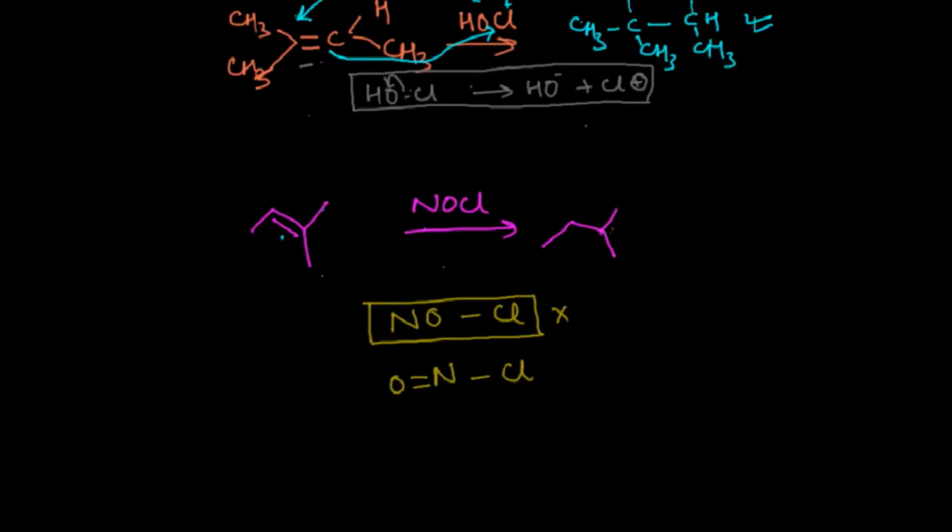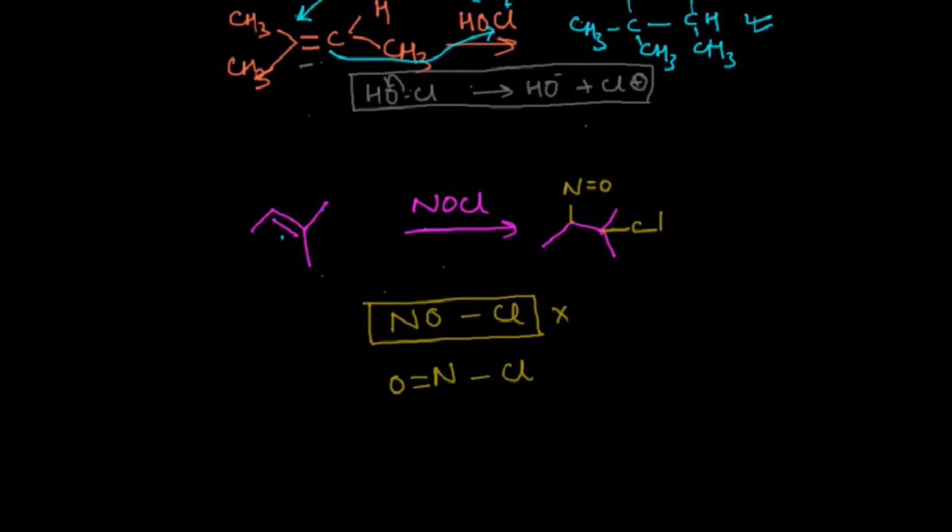Cl minus is getting attached at this particular carbon, and Cl is here, and NO is getting attached at this particular carbon, with double bond O. So this is the product of this electrophilic addition reaction.